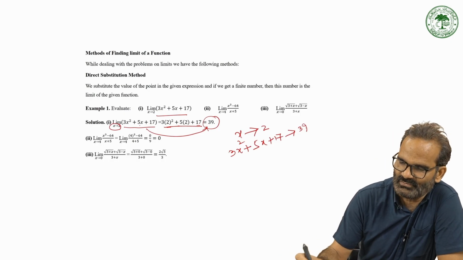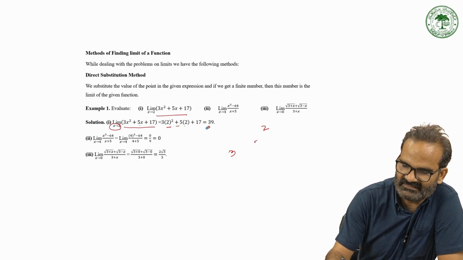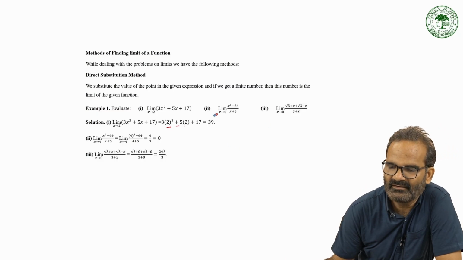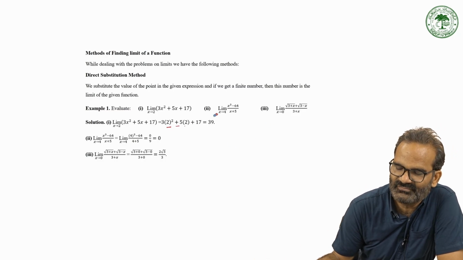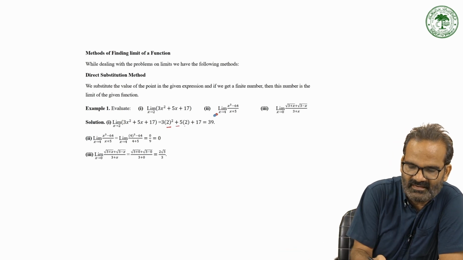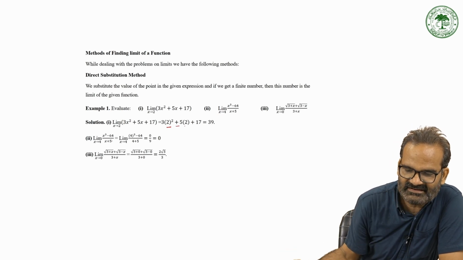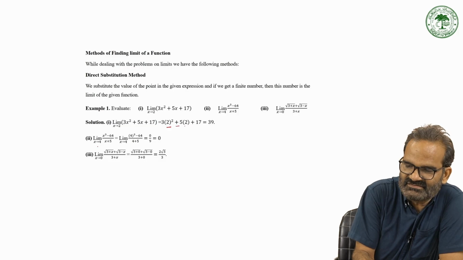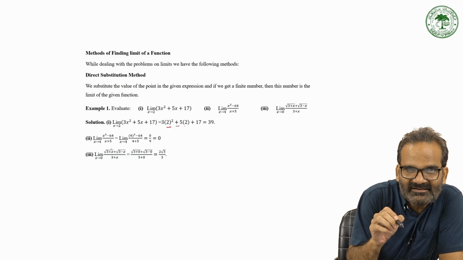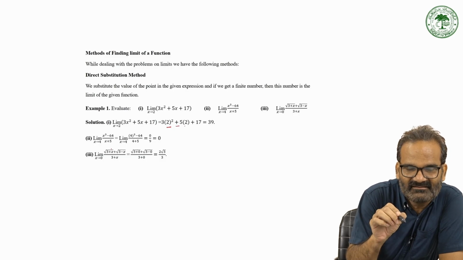Take example 2. This is limit x tends to 4 of x cube minus 64 divided by x plus 5. Since x tends to 4, we put simply x equals 4 in the given function.